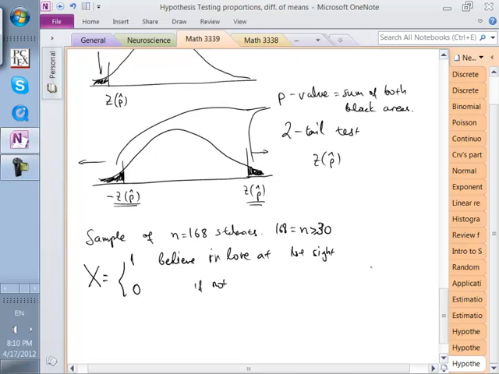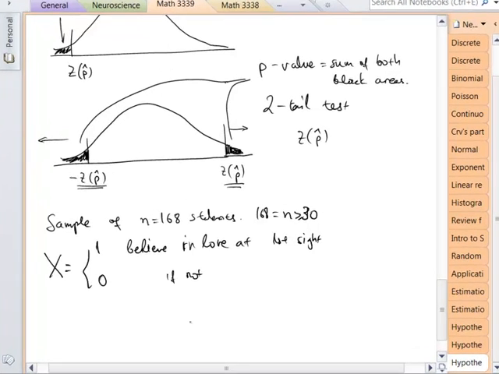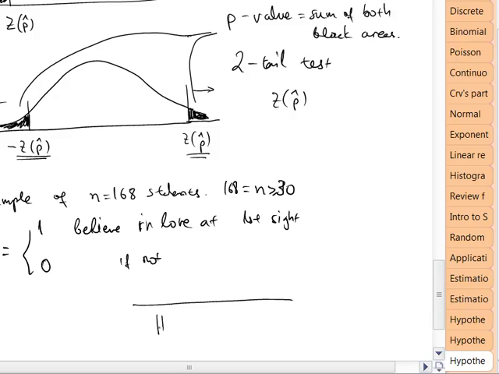And the question is, do more than 40% of the students believe in love at first sight? So the alternative hypothesis we have is p greater than 0.4.